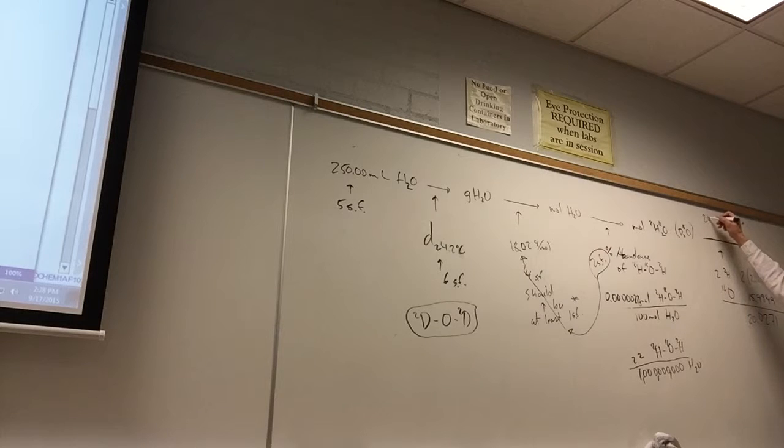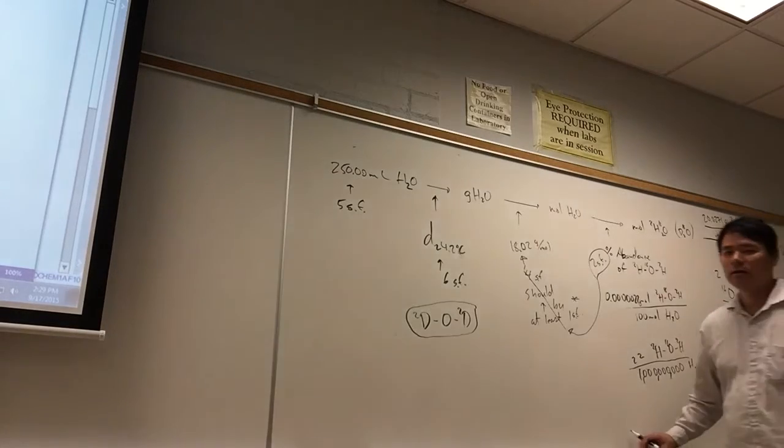And so this is 20.0271 grams of H2O16 per mole of H2O16. So moles cancel out moles. This gives us grams of D2O16. So that's the end of that.